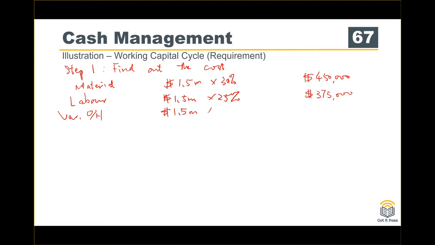So it's 150,000 in a year. For the fixed overhead, it's 15% of 1.5 million. So in a year, it has to spend 225,000.